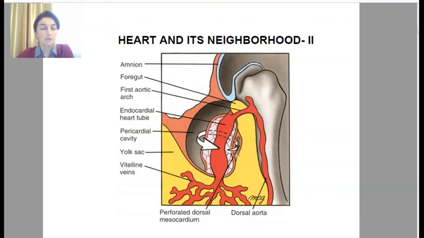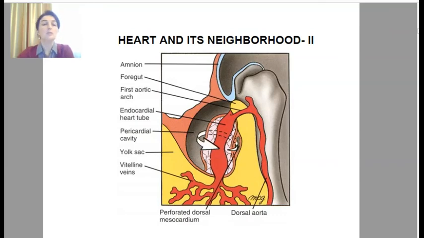In this region develops a proepicardial organ, and its mesenchymal cells originate from the secondary heart field. It means that they are neural crest derived cells. Then these cells migrate and form a coat around the heart tube, and they form the epicardium around the myocardium.